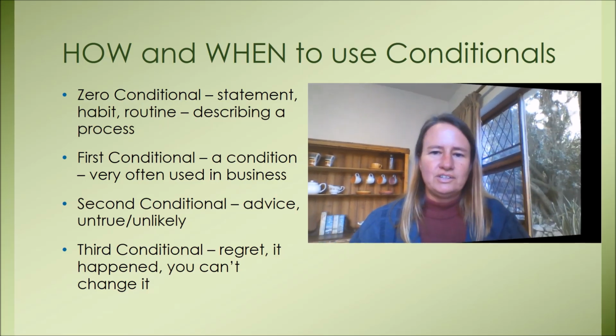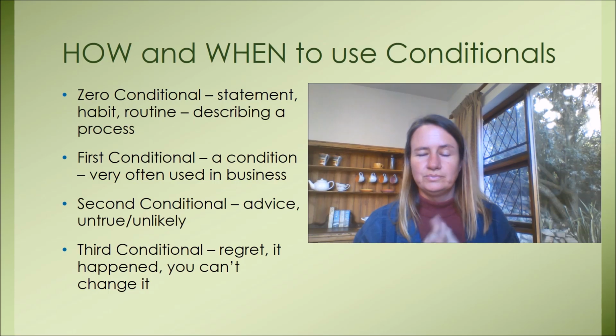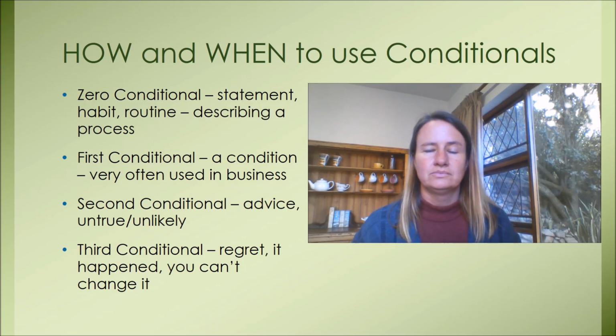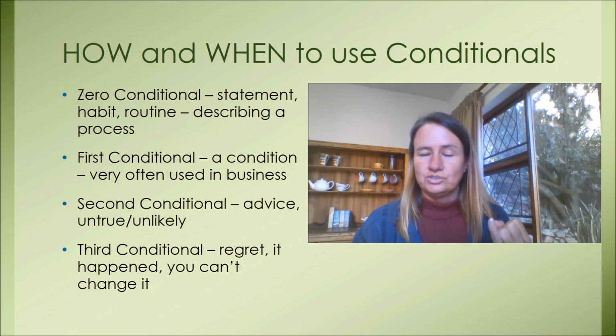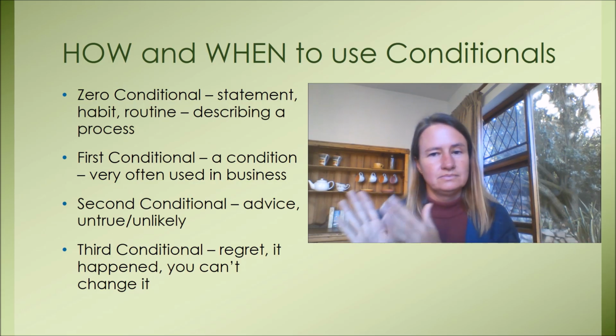So let's summarize what we have learned today. We have gone through the 4 conditionals. 0 conditional, first conditional, second conditional, and third conditional. We have learned the grammar forms for each one. 0 conditional, if, present, present.